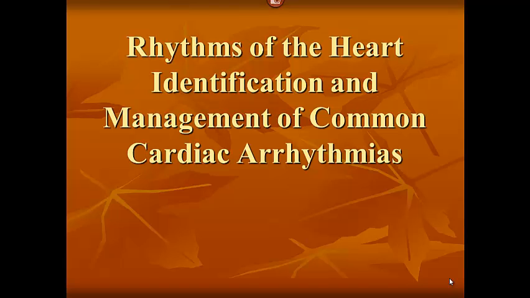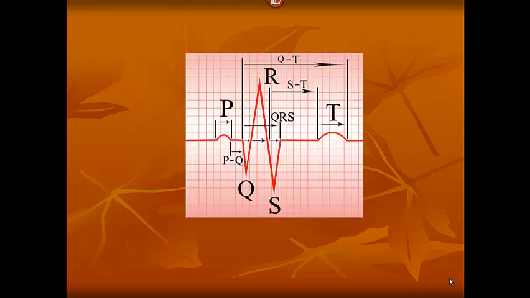I will identify a normal EKG and point out the leads that we just discussed. A normal EKG contains waves, intervals, segments, and one complex, defined below, which is the QRS complex.